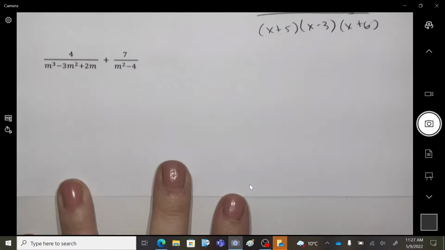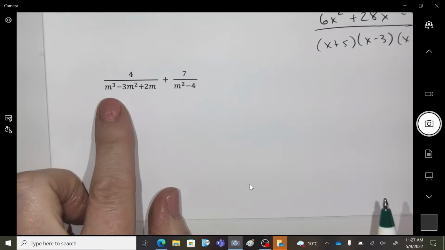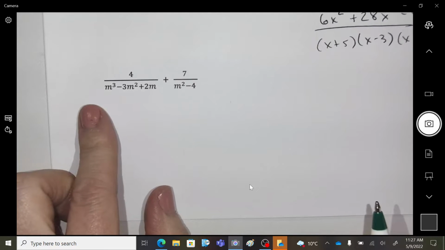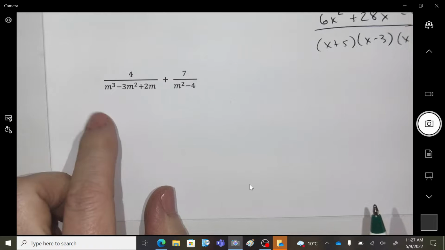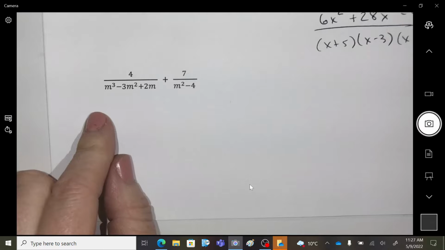Okay, can you factor? So on this one, can you start with a GCF and then a trinomial? You've got to factor it twice. Can you try to do it on your own? Do a GCF and then a trinomial. You'll have to do it twice.